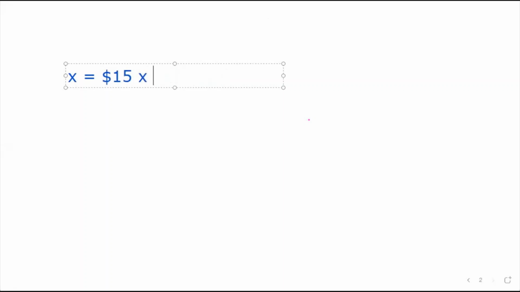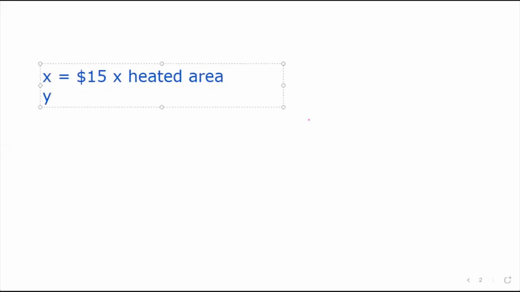I'm sorry, that was times the heated area. Okay. Y would be equal to $7.50 times the unheated area, which typically is going to be the garage, or maybe if you have a detached shed or something like that.